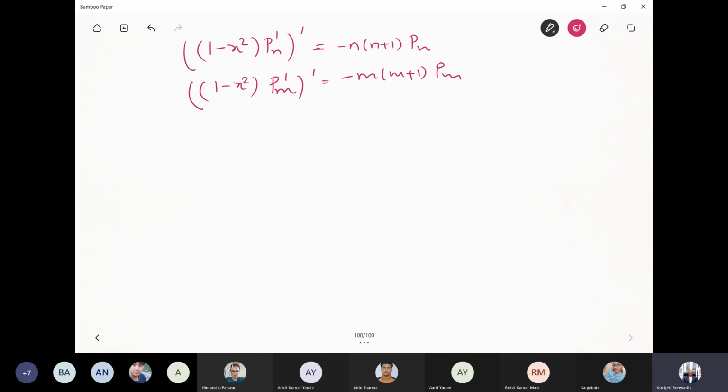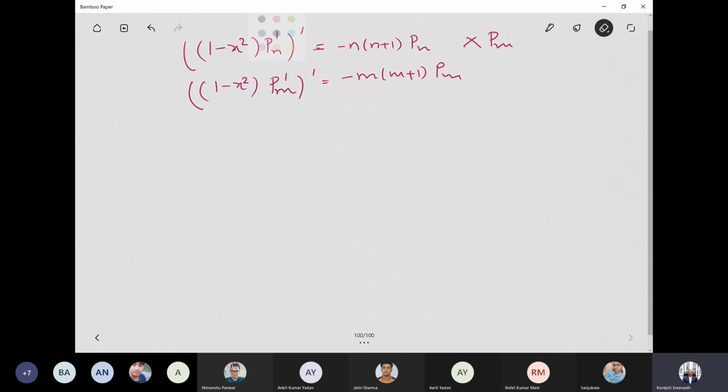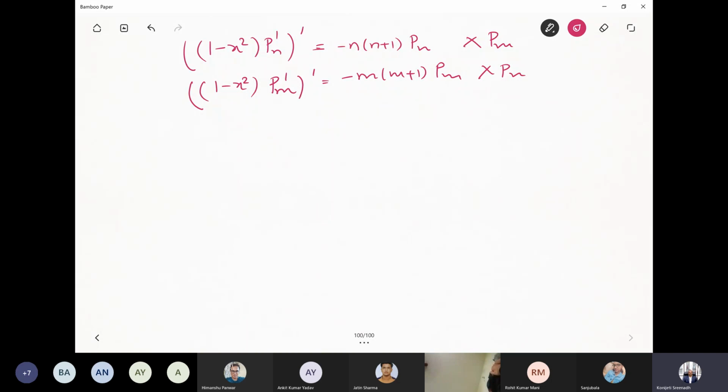Multiply this one by Pm, cross multiply the other by Pn, and then subtract.